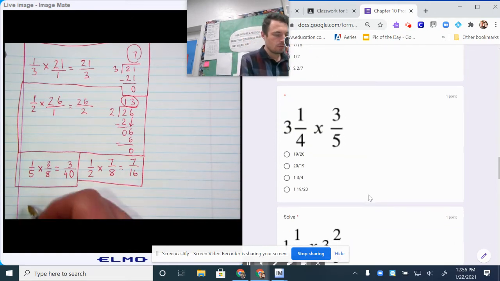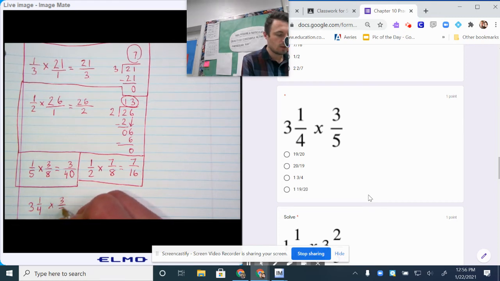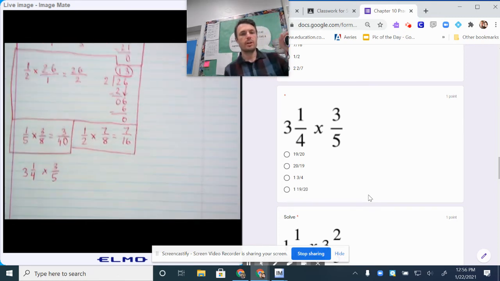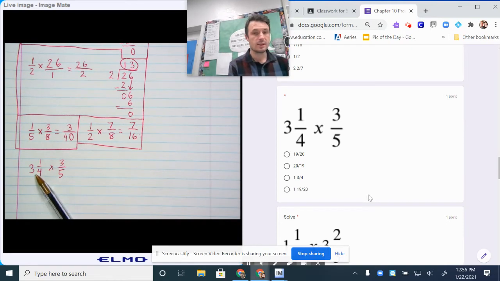Now we have 3 1/4 times 3/5. When we're multiplying a mixed number times a fraction, the first thing we do is we change the mixed number into an improper fraction. And we do that by multiplying the whole number times the denominator and then adding the numerator. That becomes our new numerator and the denominator stays the same.